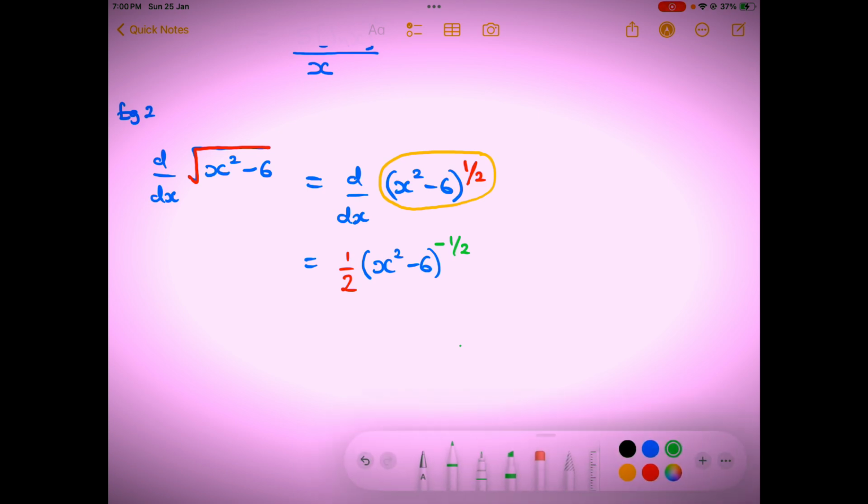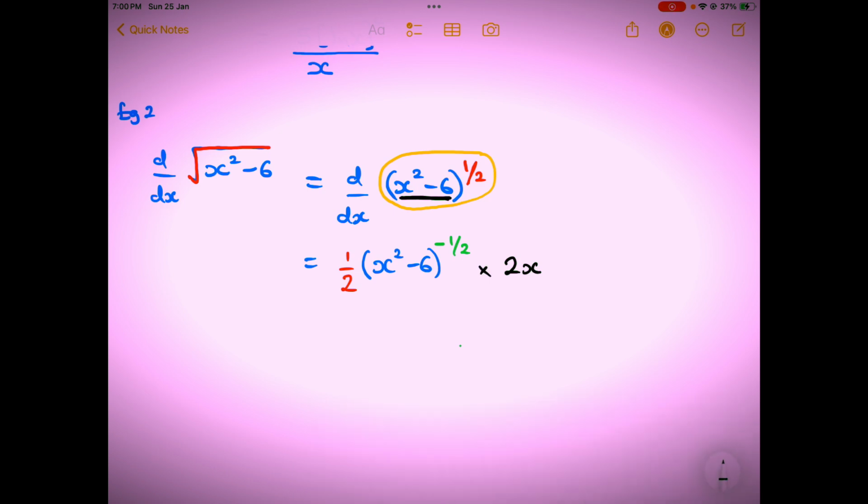Now the next thing we are going to check is the inside function, which in this case is x squared minus 6. So we are going to take the derivative of this inside function. When you take the derivative of x squared minus 6, that will give us 2x, right? Now that we are done with this, we multiply these two. Now let's see how to simplify further.